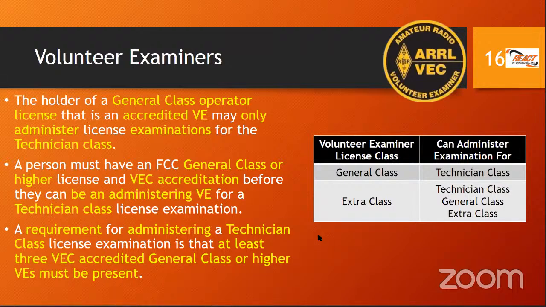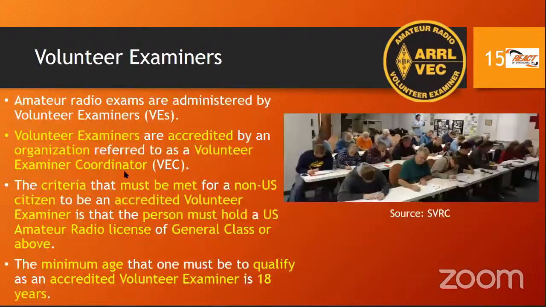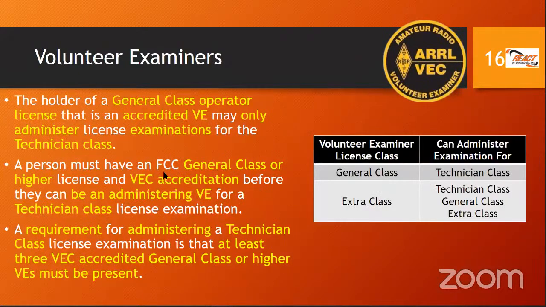Put another way, it's kind of the same thing but adding a little bit of information: a person must have an FCC general class or higher license as well as VEC accreditation. Remember what a VEC is? Volunteer Examiner Coordinator. So apart from having a general class or higher, you need to have VEC accreditation before you can be an administering VE, or volunteer examiner, for the technician class license.